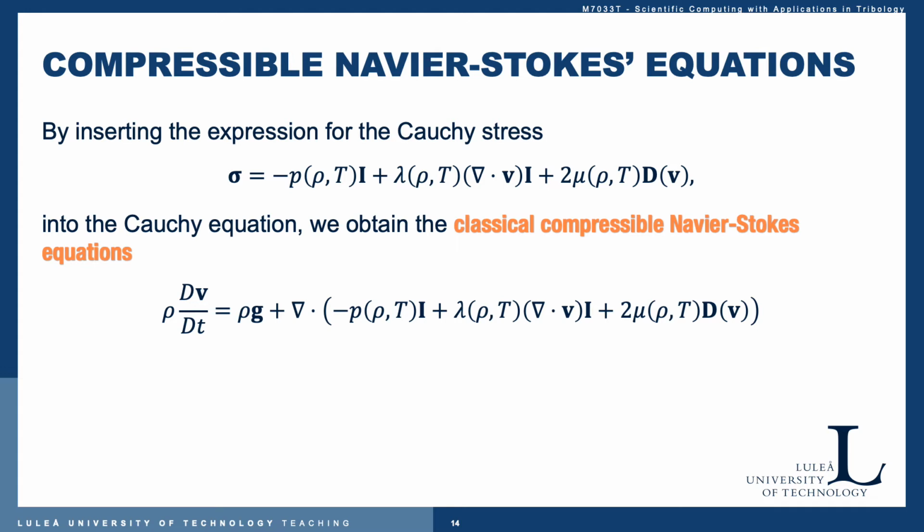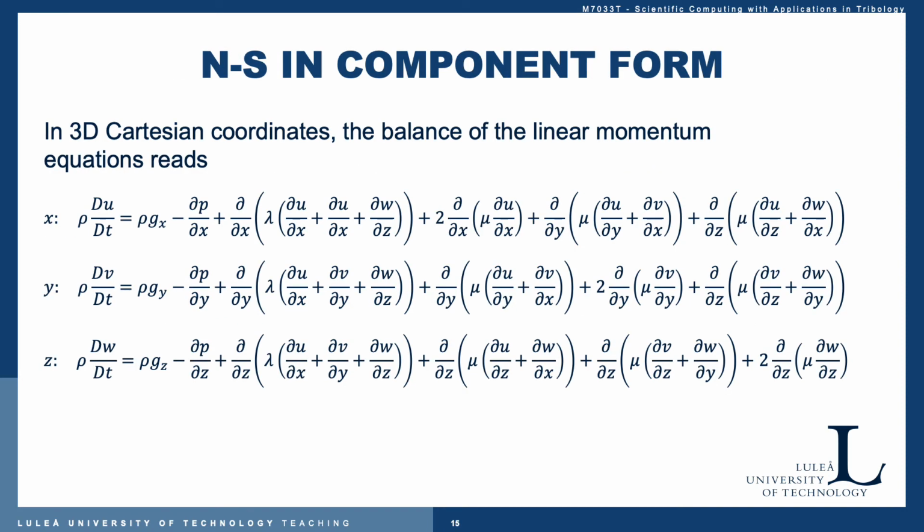So nothing more than taking the Cauchy equation for the balance of the linear momentum and inserting the expression for the Cauchy stress for a Navier-Stokes fluid model of a compressible fluid. So of course we can express this in 3D Cartesian coordinates, component form, and we have x, y, z components listed here, and then the balance of the linear momentum looks exactly like this.